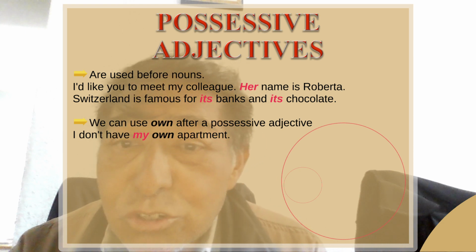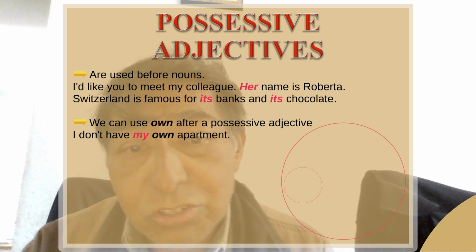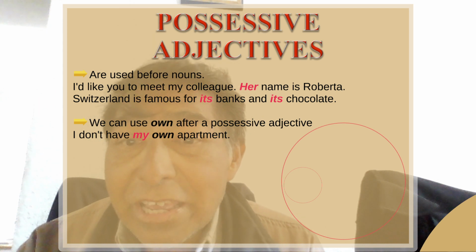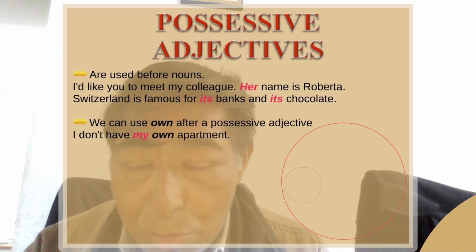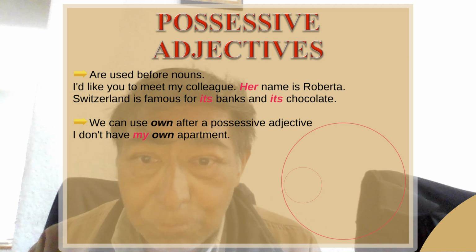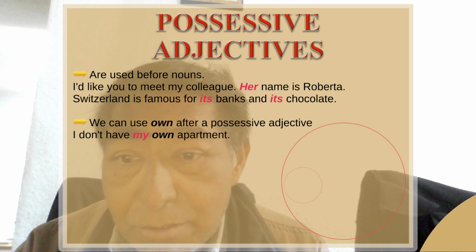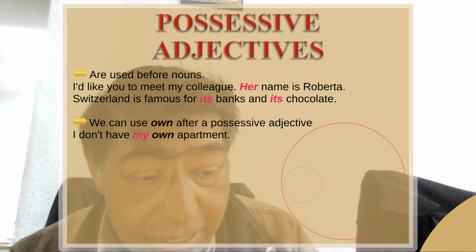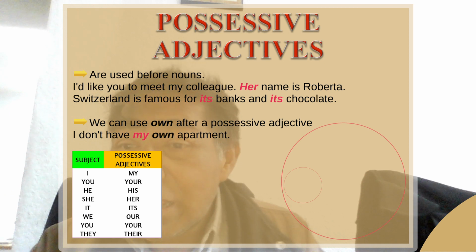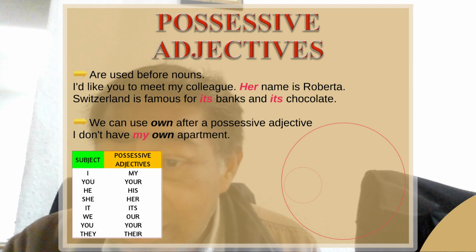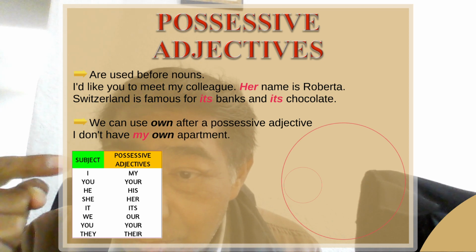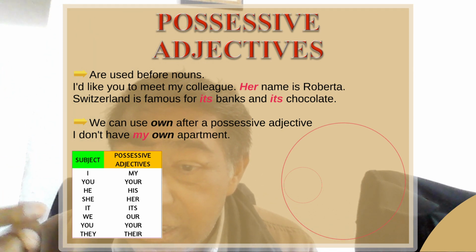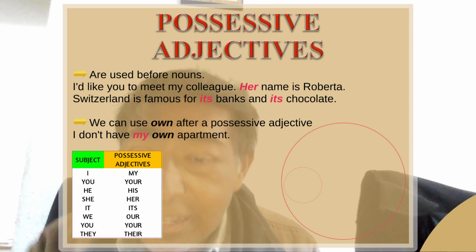Now, we can use own after a possessive adjective. I don't have my own apartment. So there we have own, my proper apartment. Here we have the subjects: I, you, he, she, it, we, you, and they.